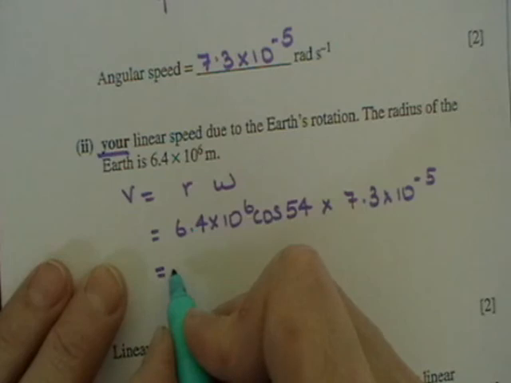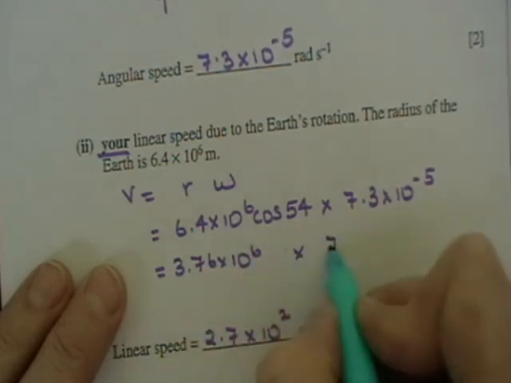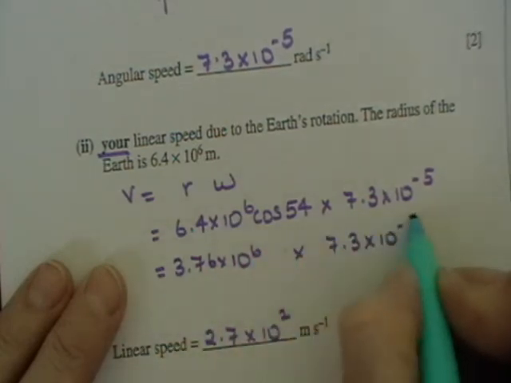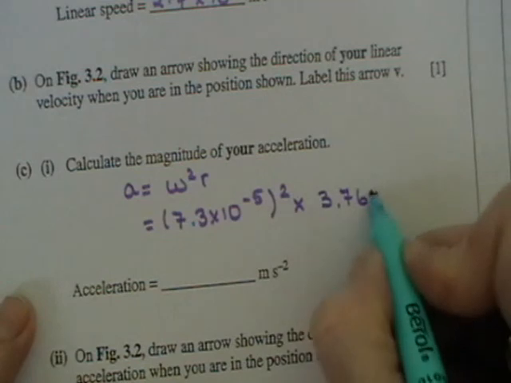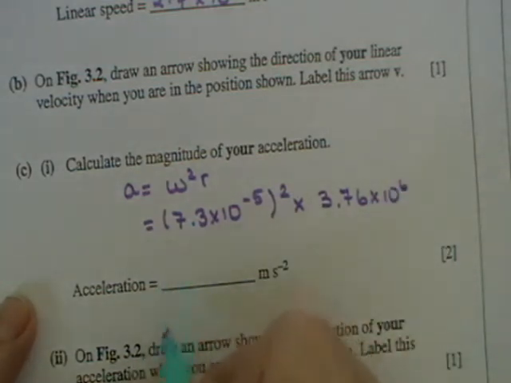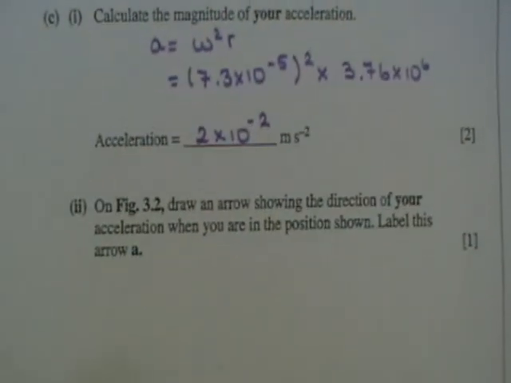Our radius of rotation is 3.76 by 10 to the 6. So I'm going to use that value down here, 3.76 by 10 to the 6. And so when you do that calculation, the answer comes out to be 2 by 10 to the minus 2 metres per second squared.